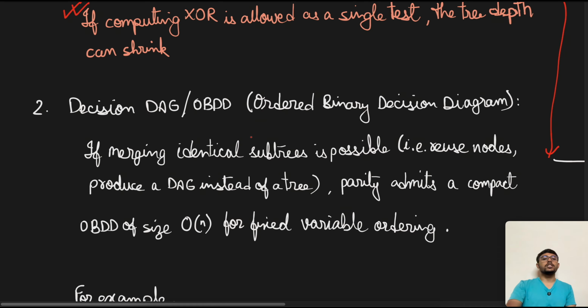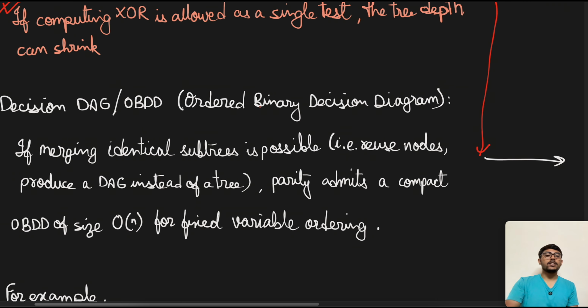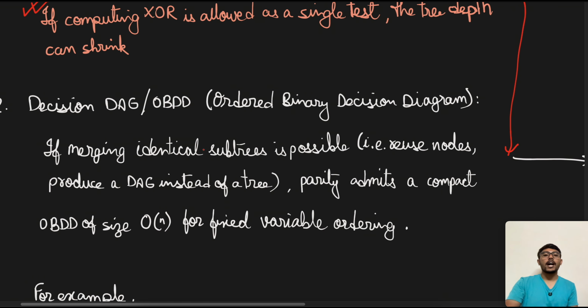Next, we come to decision DAG or OBDD, ordered binary decision diagram. So, we will see first if merging identical subtrees is possible, which we just saw in the above diagram, that is, reuse nodes or produce a DAG instead of a tree, right, a directed acyclic graph.